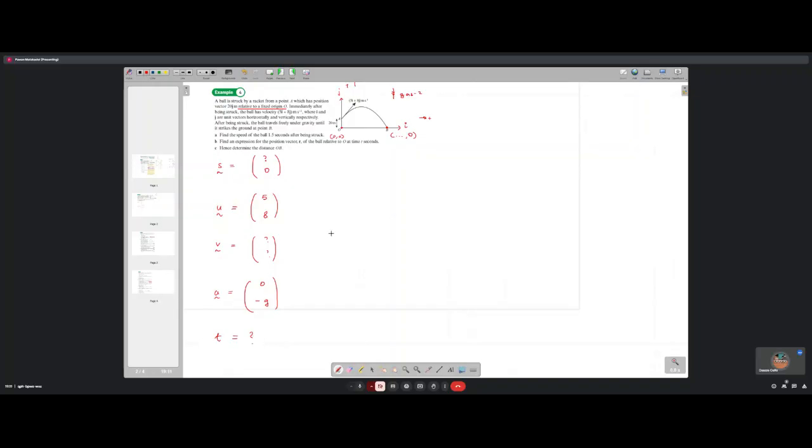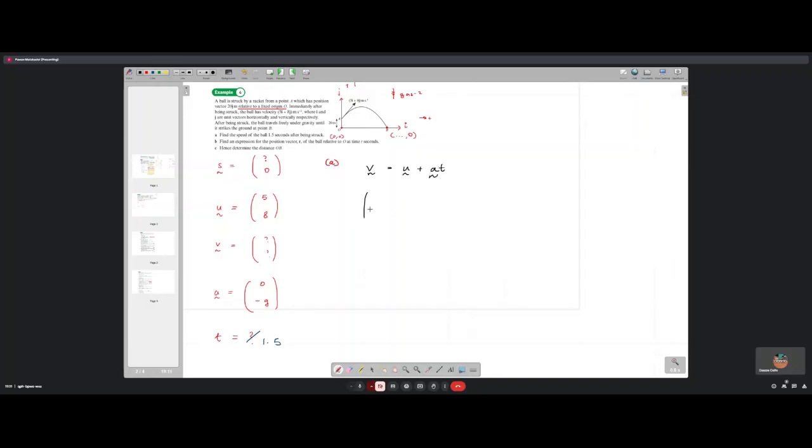Okay? So for part A, they say, what's the speed of the ball 1.5 seconds after being struck? So actually, they're giving us a time. So we can just say, let's say t is 1.5. What is the speed going to be? We're just using v is equal to u plus at.